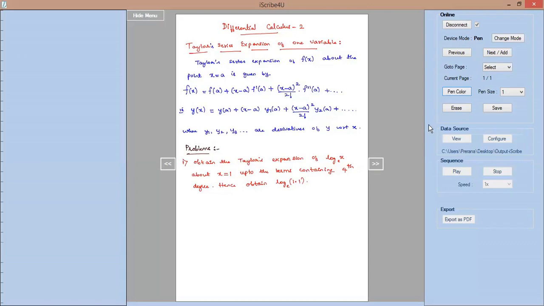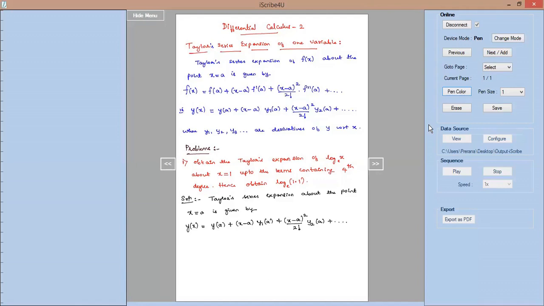So let us do the solution. First we will write down the formula. Taylor series expansion about the point x is equal to a is given by y of x is equal to y of a plus x minus a into y1 of a plus x minus a the whole square divided by 2 factorial y2 of a, etc. We have to actually write down until the 4th degree term.